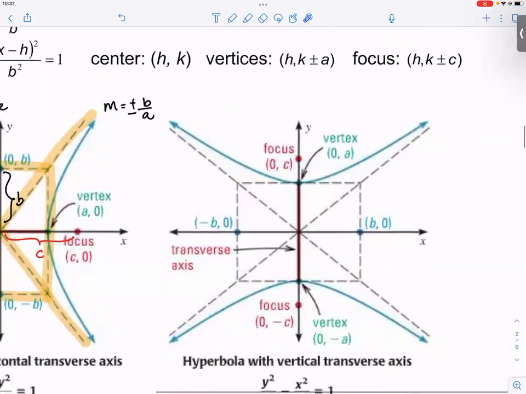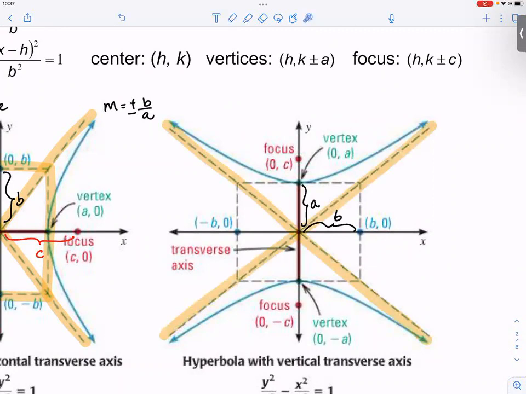Okay, now what about the other one? Well, let's label this. This is your a value. This is your b value. So if you look at the asymptotes here, so you have a plus and minus. So we ask the same question. What is the rise? That's your a value.